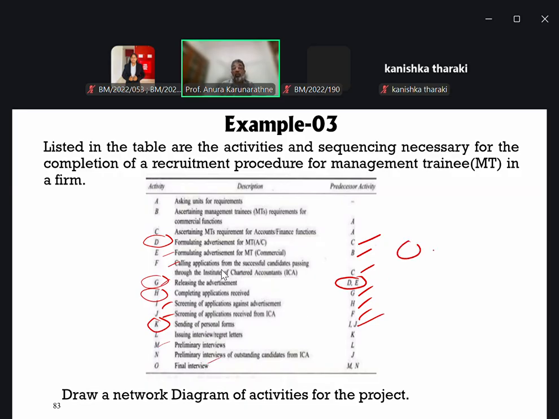Based on that, you can start and draw this kind of network.